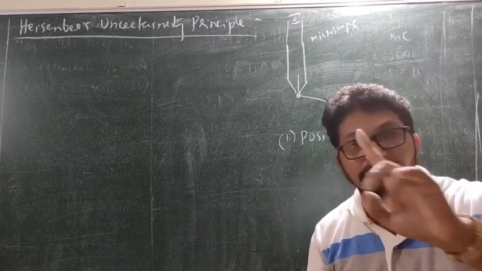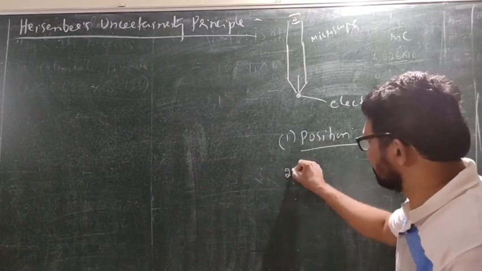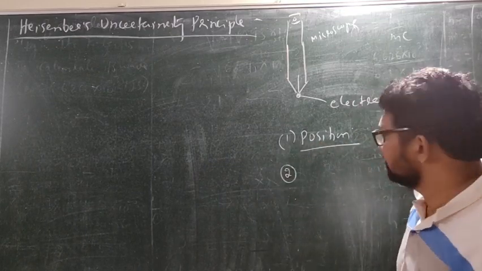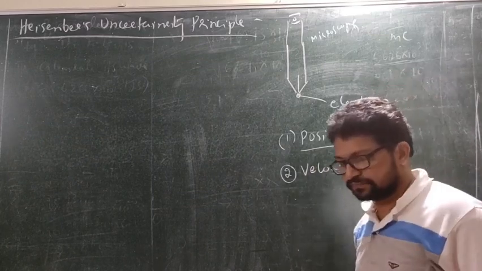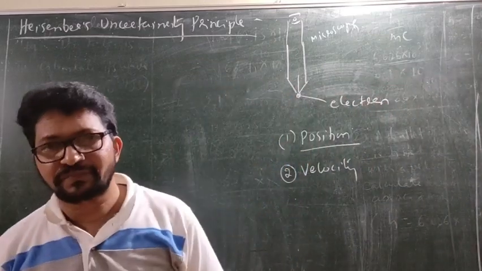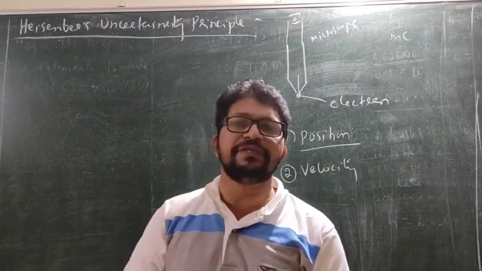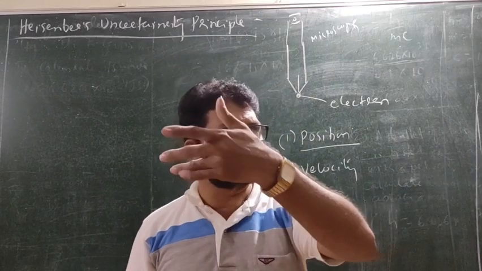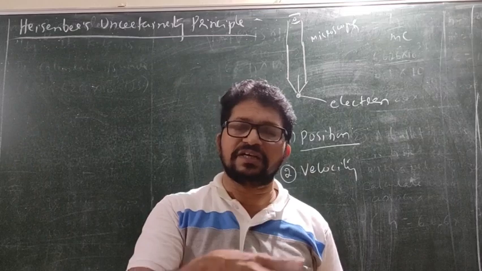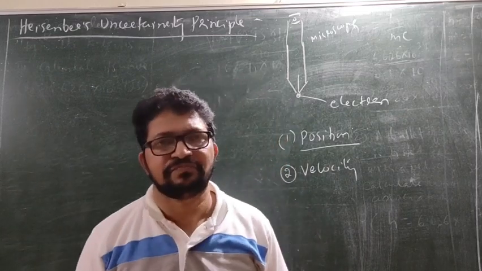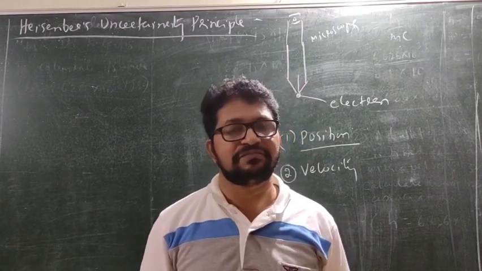Is it at rest? Impossible. So he has to trace the position of the electron. Simultaneously, he wants to trace the velocity of the electron. Now I will tell you, look here. A bigger object, a bigger particle, maybe a bus moving with so much speed, you can find its position and simultaneously you can find the velocity.